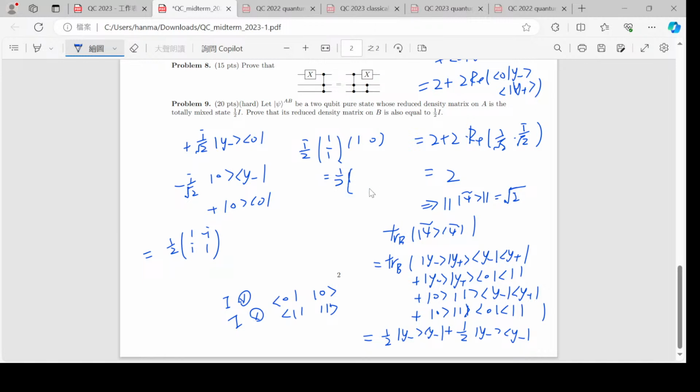So the four terms should be 1, 0 and i, 0. This is the complex conjugate of it, so it's the same but with a minus sign, i minus i, 0.